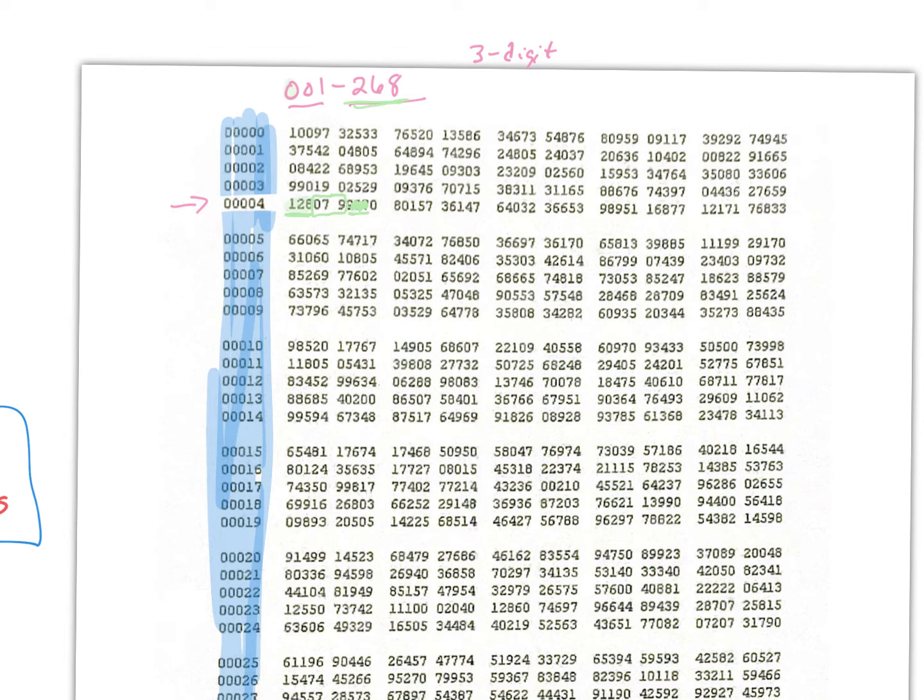The next three-digit number is 080. So that's the next one that I would write down. And then 157, it got written over, but you can kind of see it. And then 361 is too big. 476 is too big. 403 is too big. 236 would be the next one, and so on.